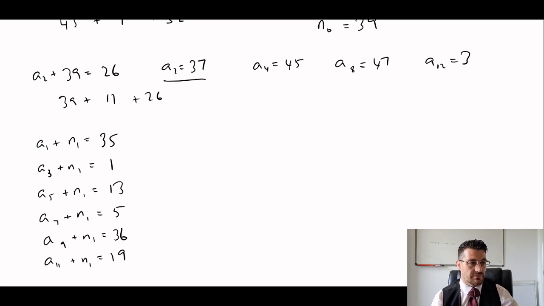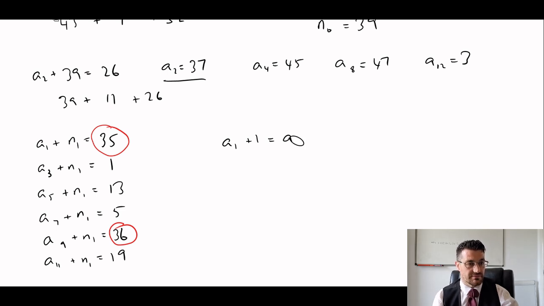But what we do get is that A1 plus N1 is equal to 35, and A9 plus N1 is equal to 36. So what that means is that A1 plus 1 is equal to A9.